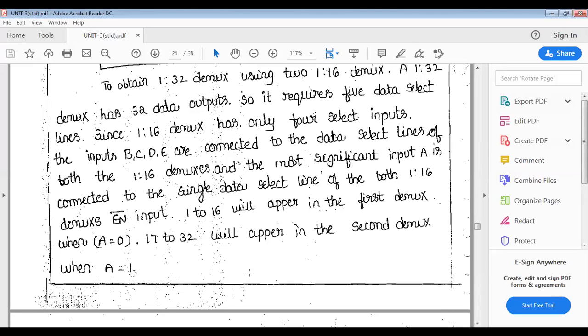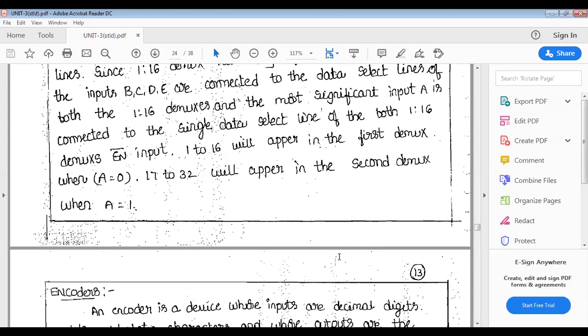When A is equal to 0, the first 1/16 demultiplexer is enabled and the second 1/16 demultiplexer is disabled. And the next time, when I am taking A is equal to 1, the first 1/16 demultiplexer is disabled, and the second 1/16 demultiplexer is enabled. Okay, my dear students.